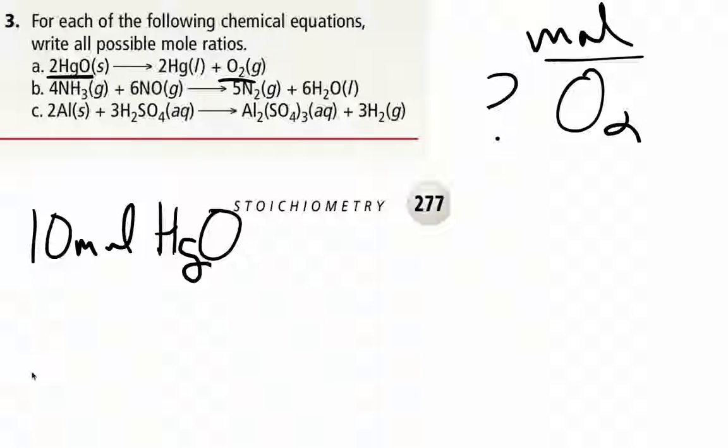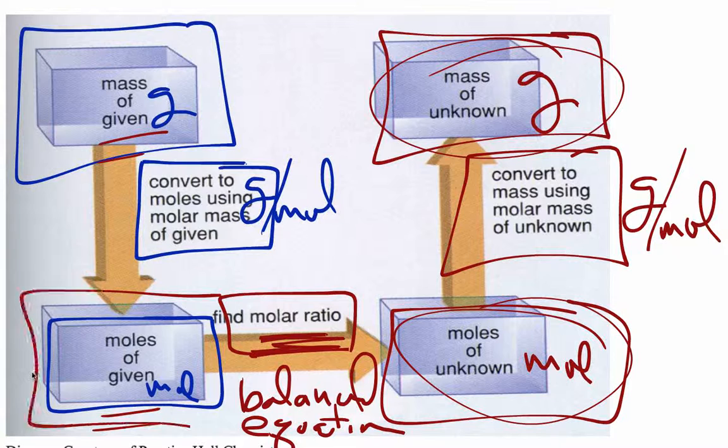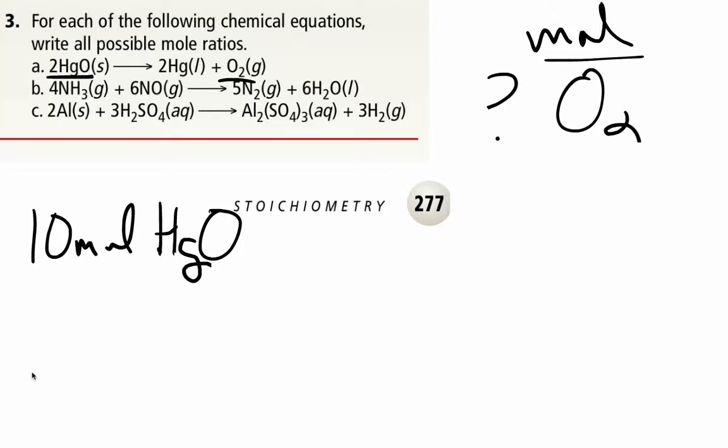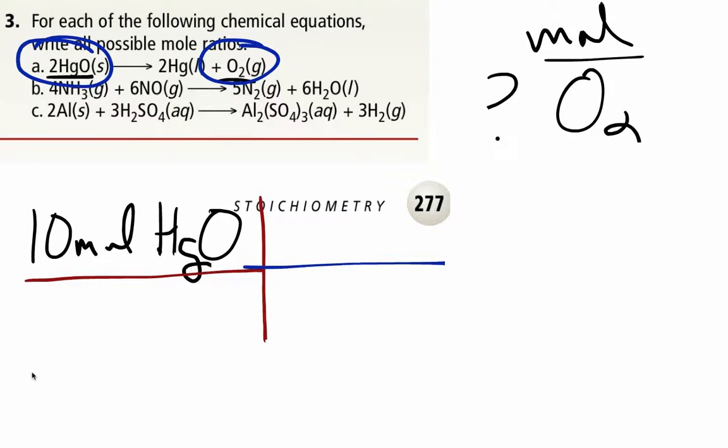Well, again, if I look back at this, if they give me the amount of moles, it's a one-step conversion through the mole ratio to the moles of an unknown. So it's one arrow I have to cross. So I have my moles of mercury oxide, and now look at what this ratio tells me. 2 of these will produce 1 of these. That is my mole ratio.